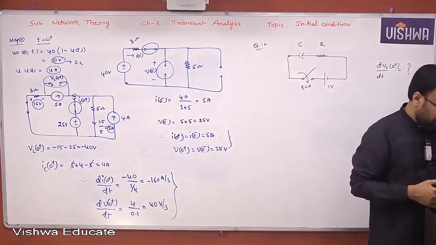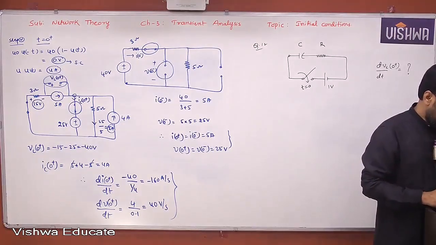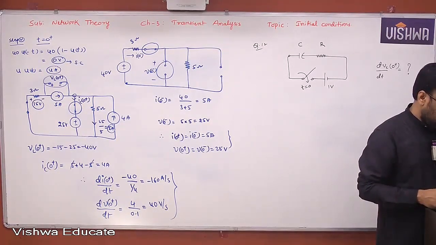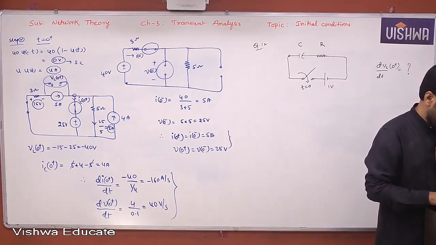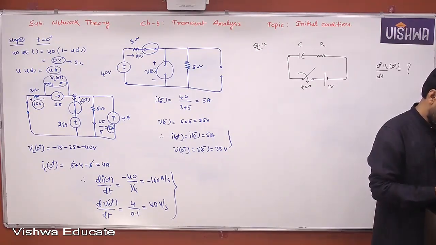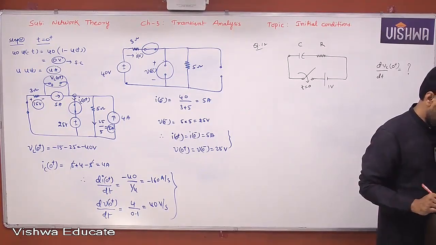Now let's go with question number 12. In the following circuit, the voltage across C starts increasing with the DC source when the switch is closed.